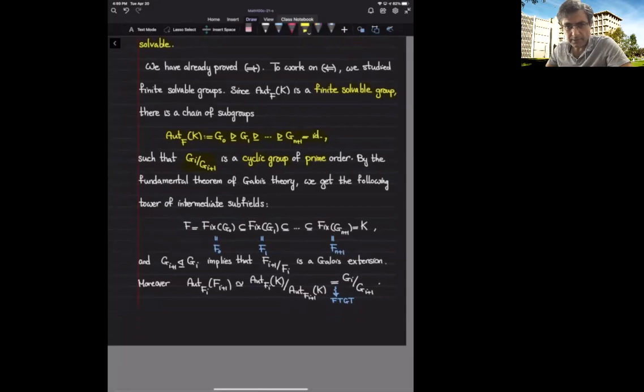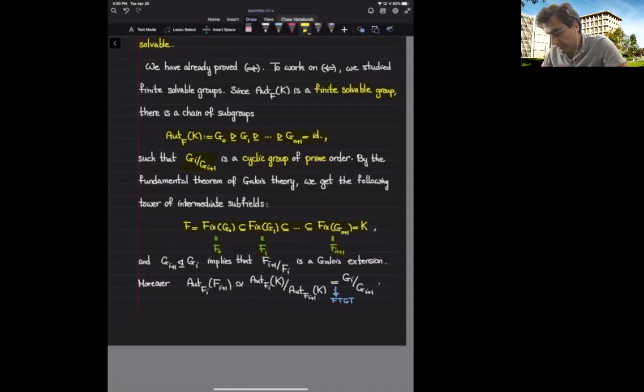So we get a tower of intermediate subfields of K over F. The fixed points of G0 would be the base field F. Then we get the next intermediate subfield, the fixed points of G1 that we denote by F1, and then the fixed points of G2 that we denote by F2, and finally the fixed points of G sub n minus 1, which is the fixed point of the identity, and everything is fixed under the identity, so we get the splitting field capital K. We are going to denote this tower by F_i's.